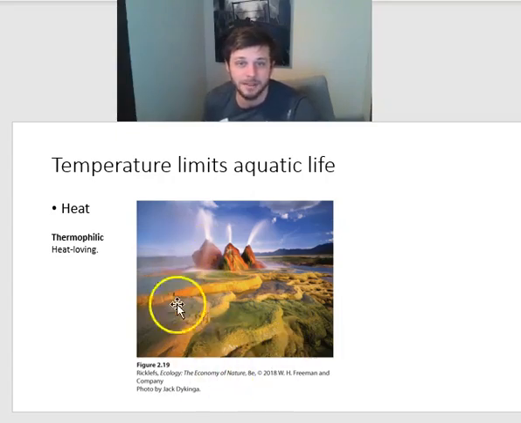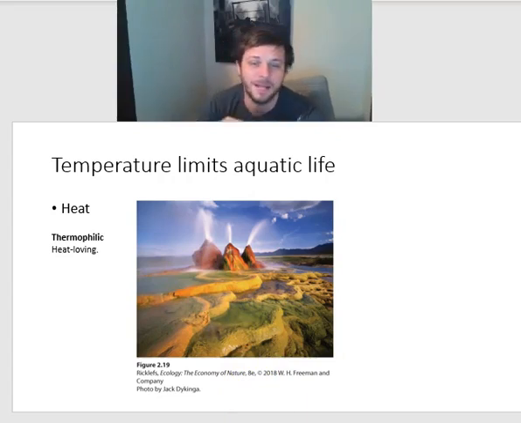But occasionally, you do. So at these hot springs, you can see there's all these really cool colors going on here. These cool colors are due to bacteria. These bacteria can live in the hot springs. They're thermophilic. They really, really like it. And studying these bacteria helped genetics a ton.